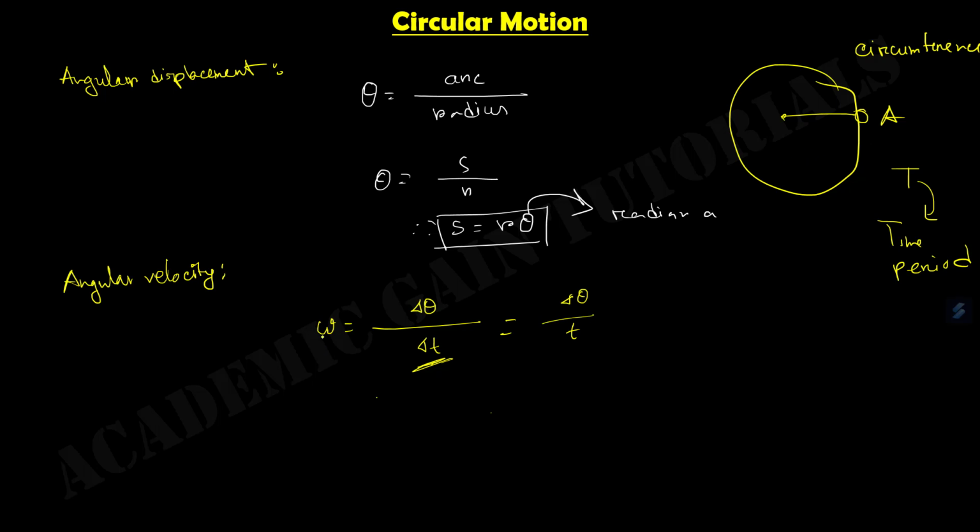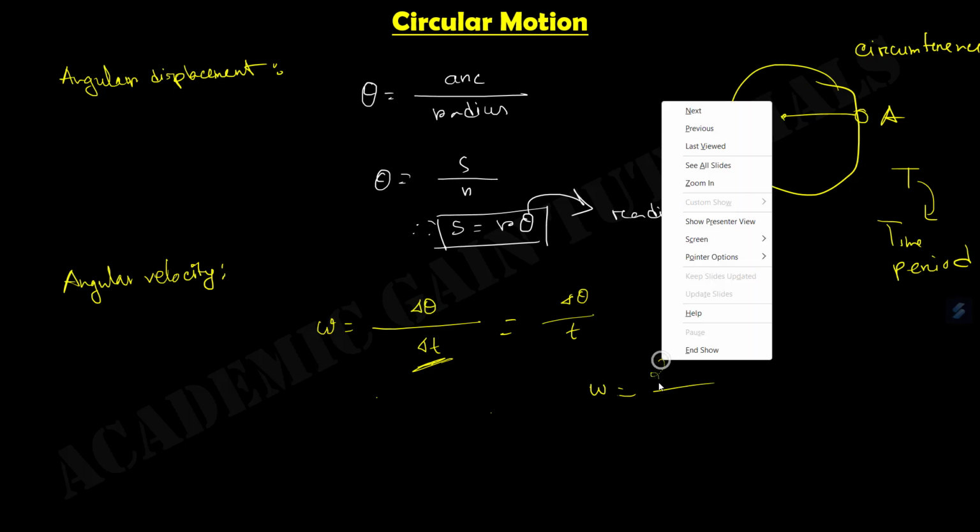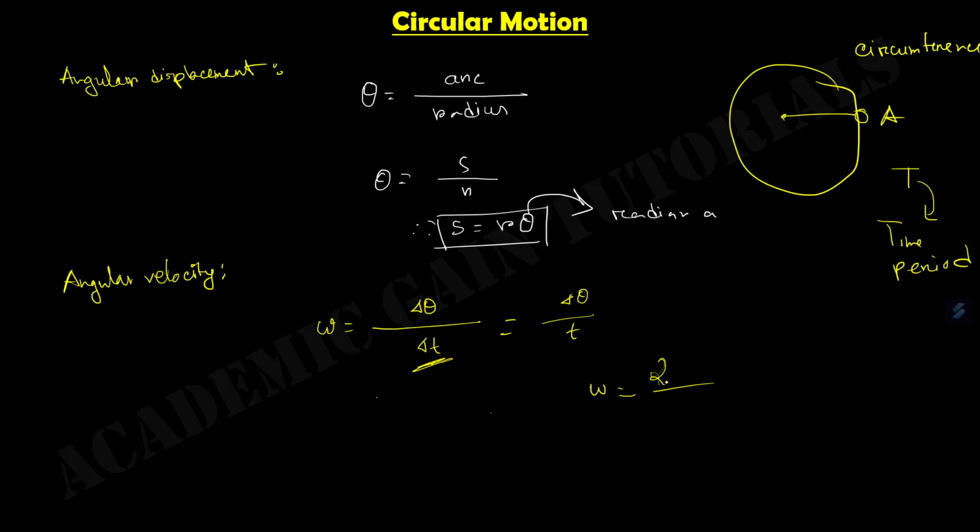So by the definition of angular velocity, we can write for omega, del theta equals our circumference, because it moves along the circumference, and we know the circumference is 2 pi, and the time taken to go from point A and come again to point A is T, which is the time period.